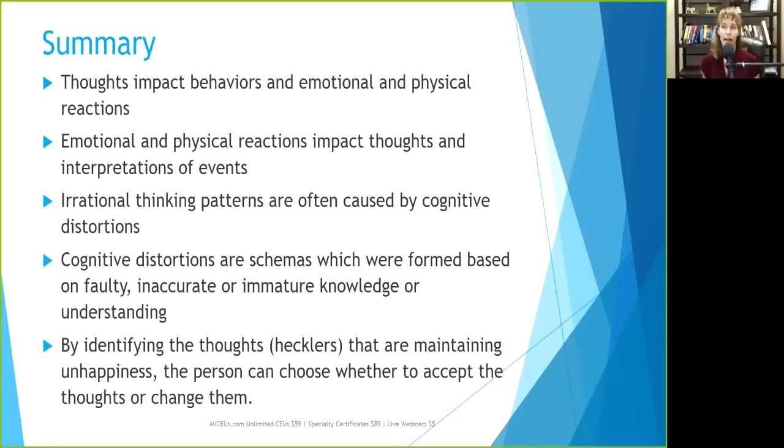Thoughts impact behaviors and emotional and physical reactions. Emotional and physical reactions impact thoughts and interpretations of events. So if you do something and it's pleasurable and you have a great physical reaction, let's take bungee jumping or skydiving.